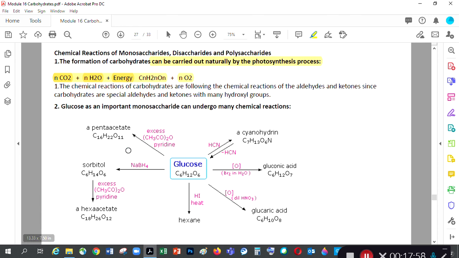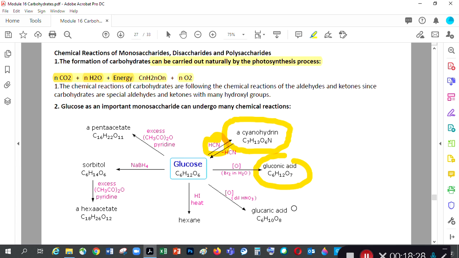As you can see here, one of those reactions is with hydrocyanic acid, and it produces a cyanohydrin. It can go through mild oxidation in the presence of bromine and H2O as a catalyst, and you get gluconic acid.